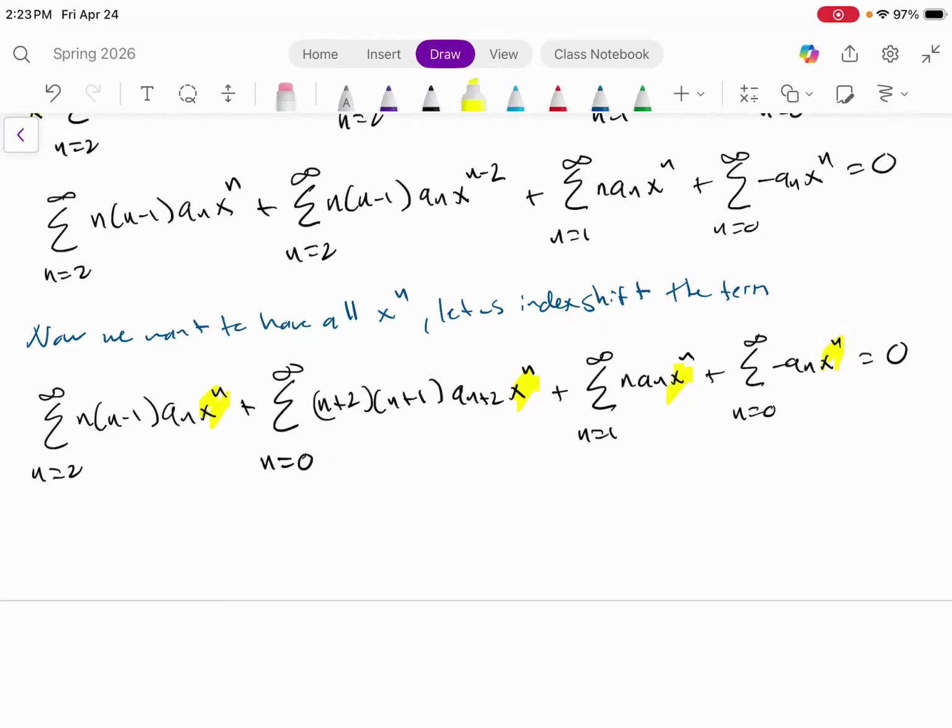And now what I want to do is have them all be the same index. So I have a couple n equals 0s, I have an n equals 1, and I have an n equals 2.